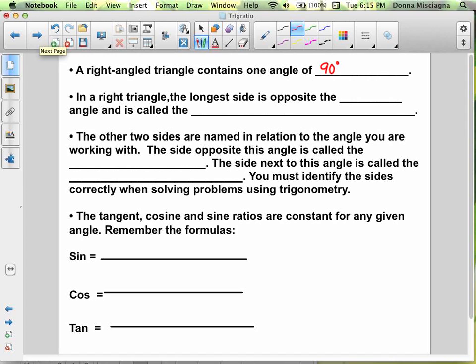And actually, if I'm doing this live, I may pause the tape and have you tell me what goes in the blanks. In a right triangle, the longest side is opposite the blank angle and is called the blank. Well, I hope you know the first one is opposite the right angle. The longest side is opposite the largest angle, and that would be the right angle, and it's called the hypotenuse.